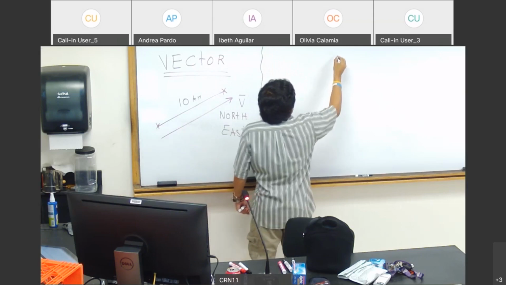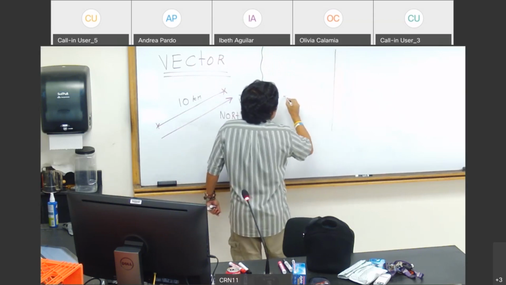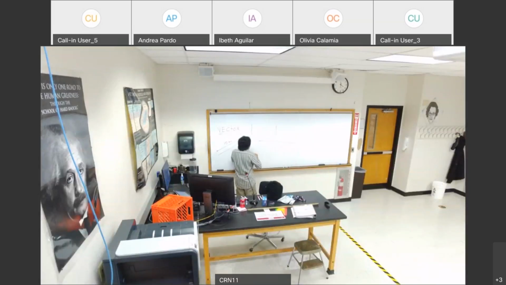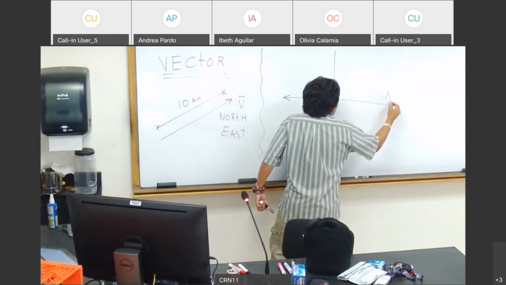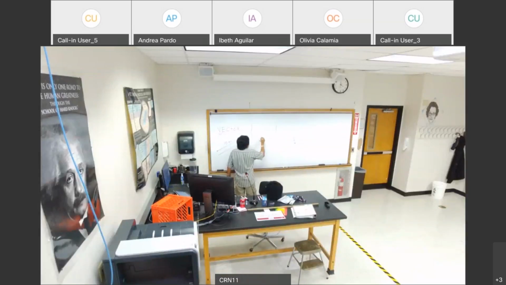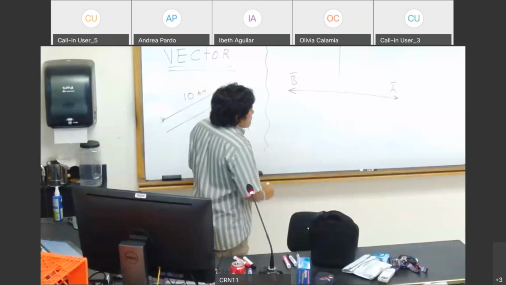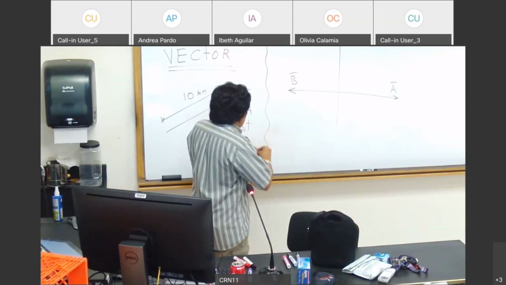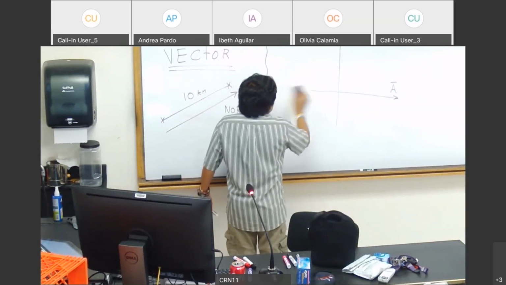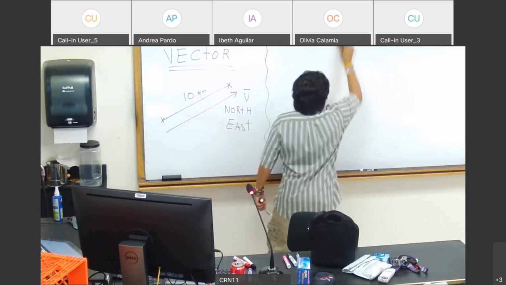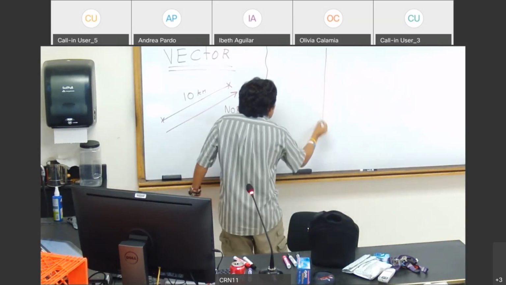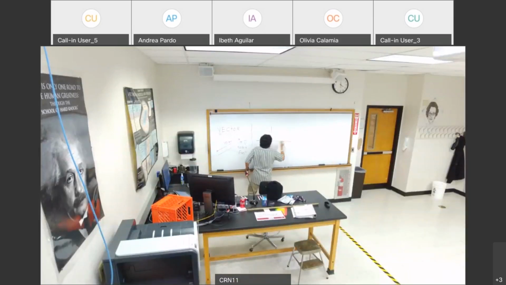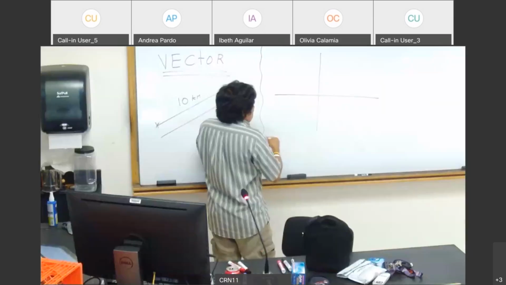On the plane, you can have a vector going to the left or a vector going to the right. Let's make it simple and just put the vectors on the plane. Let's draw this vector.